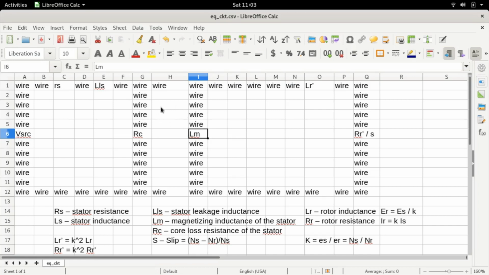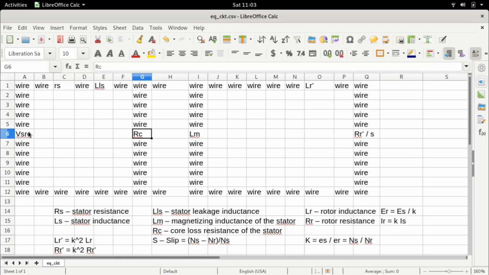So what one can say is that because the current is so negligible, we can say that the drop across RS and LLS is actually negligible, right? Because this current drawn is just the bare minimum amount of current in order to maintain the magnetic flux and the core losses. And because this current is so low, you can almost assume as if this supply voltage is directly applied to this branch, the branch which is a parallel combination of RC and LM.